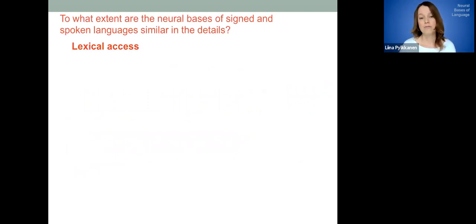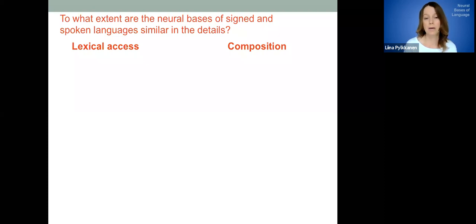We've learned that there's a fundamental distinction in language between retrieval processes and combinatory processes, so lexical access and composition. We access the basic building blocks of language from long-term memory, and then we have processes that enable us to combine them into larger expressions.